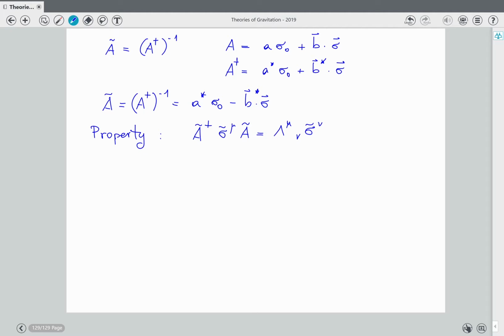Let us check this. This follows from the other property, should be straightforward: A dagger sigma mu A equals lambda mu nu rho sigma nu.